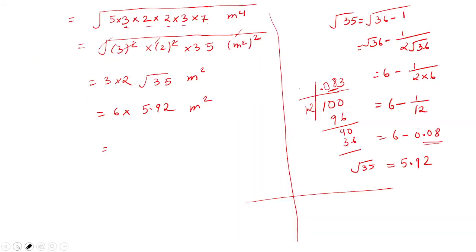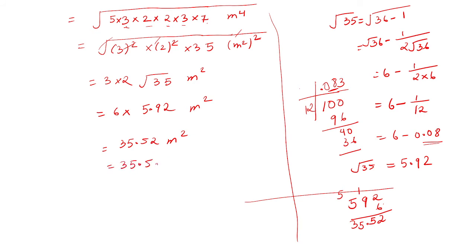So let's do the multiplication here. 5.92, forget about the points for now, okay, into 6. So 6 2s are 12, 1, 9, 9 6 54, 5 55, 5 will go there. 6 into 5 30, 35. So how many numbers after the decimal point? 2. So you can write this as 35.52 meter square. You can approximate this to 35.5.